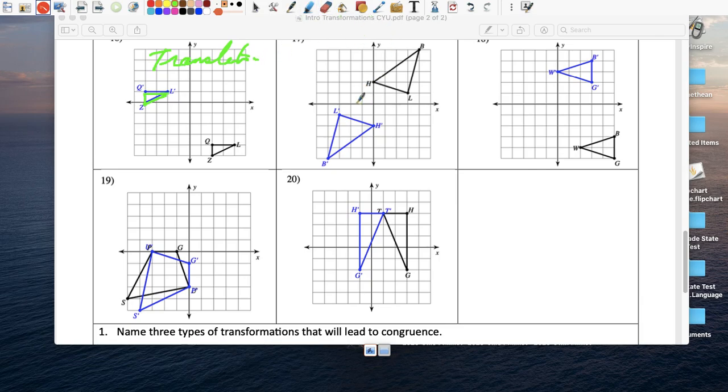This definitely looks like a rotation. So let's see if I rotate that 180 degrees. Yeah, looks like a rotation.